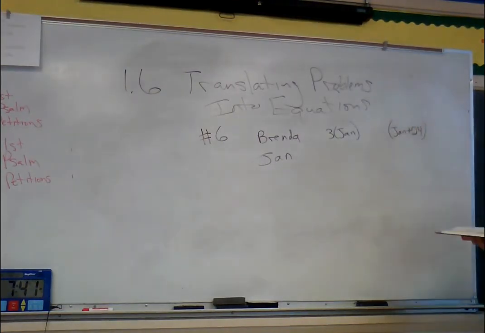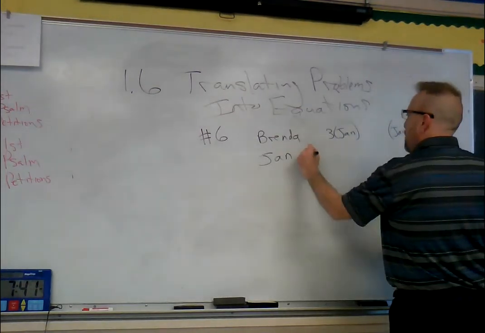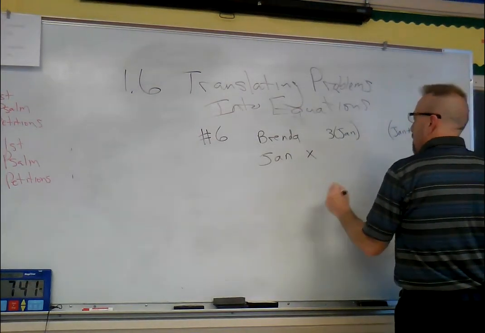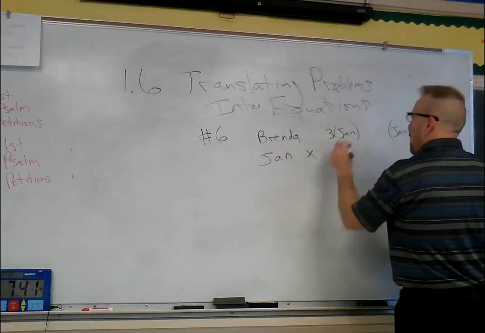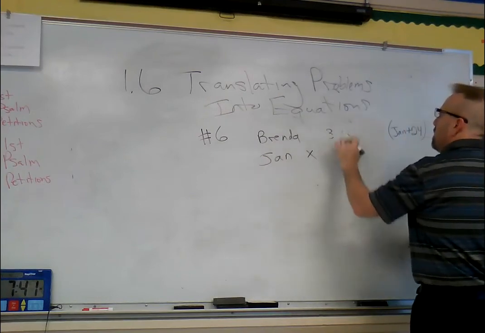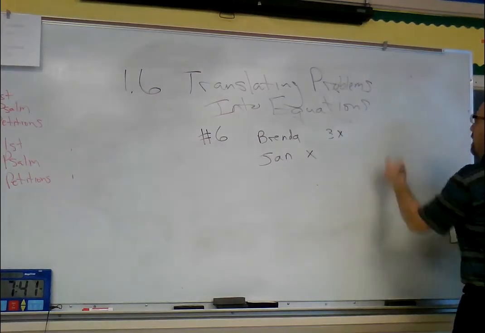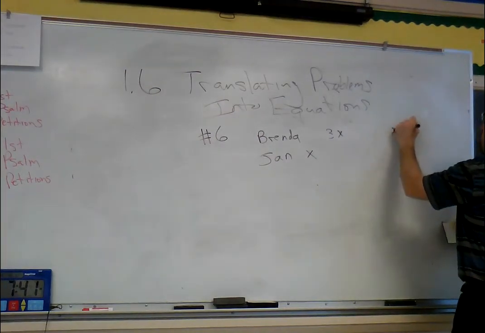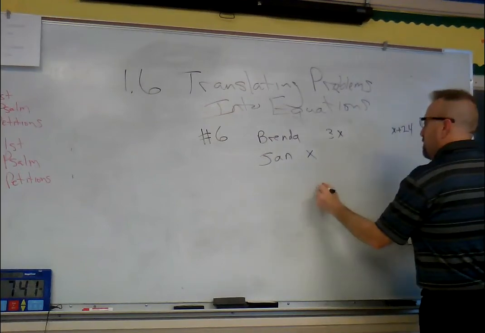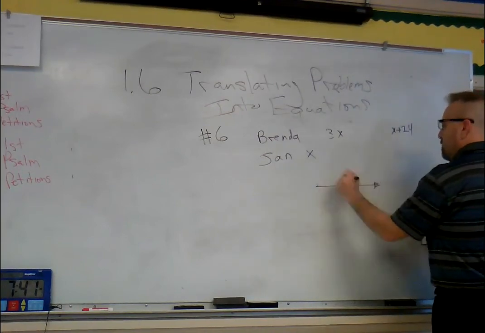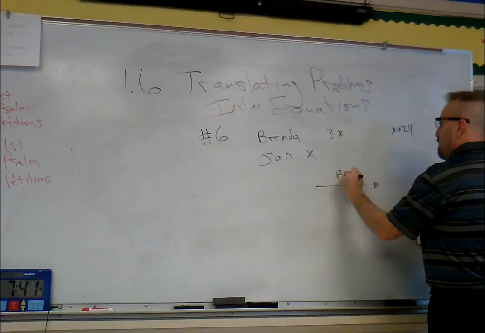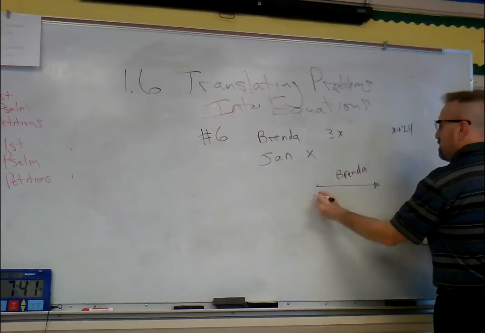Okay, how much did Jan go? Anybody? What do we know about Jan? X, whatever you want to call her. So now we could rewrite this for Brenda. 3 times x and x plus 24. So the distance Brenda went, this is Brenda, is also the same that Brenda went here.